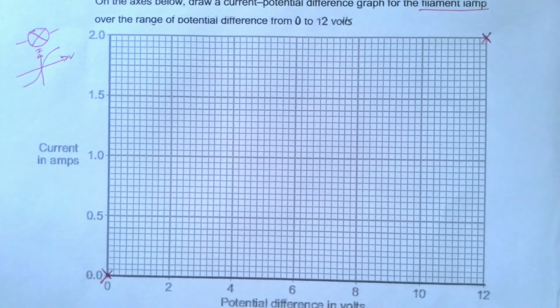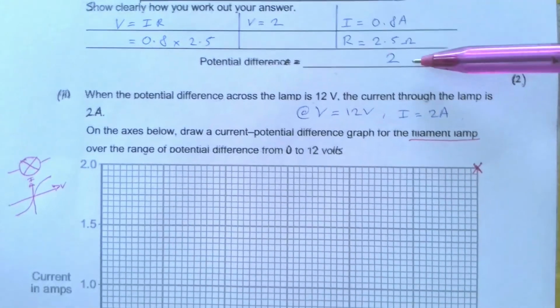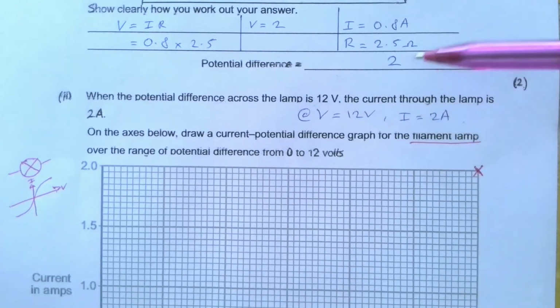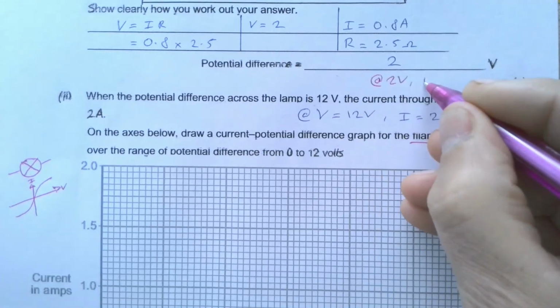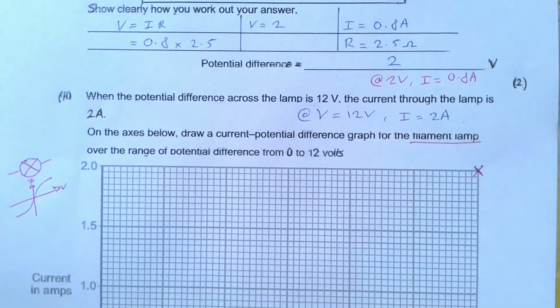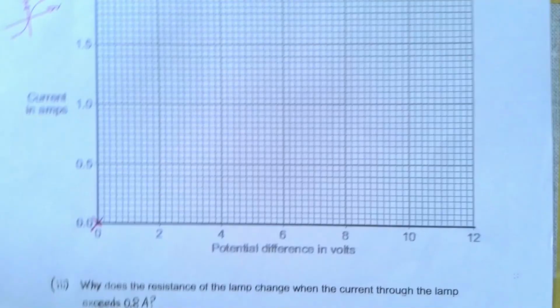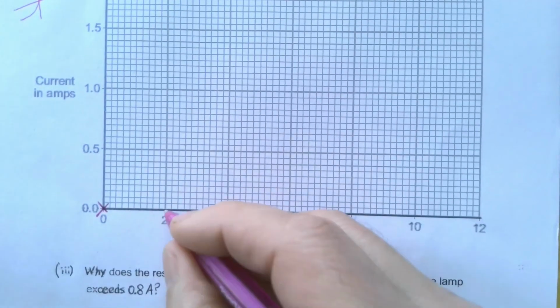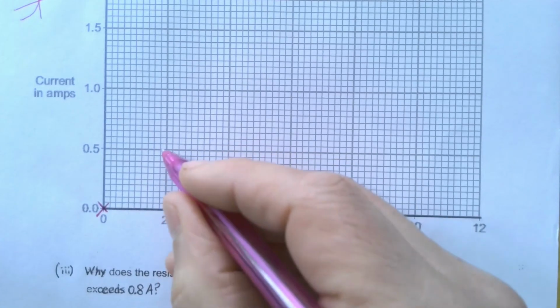Oh of course, I calculated some data in question 1. So I know that at 2 volts I equals 0.8 amps. So let's put that in as well. I need to be careful here that I read the scale correctly.